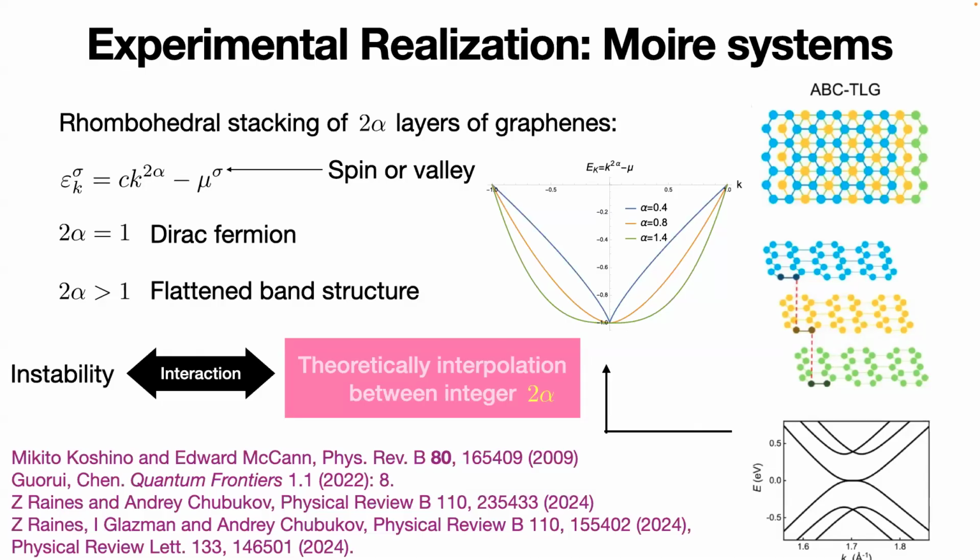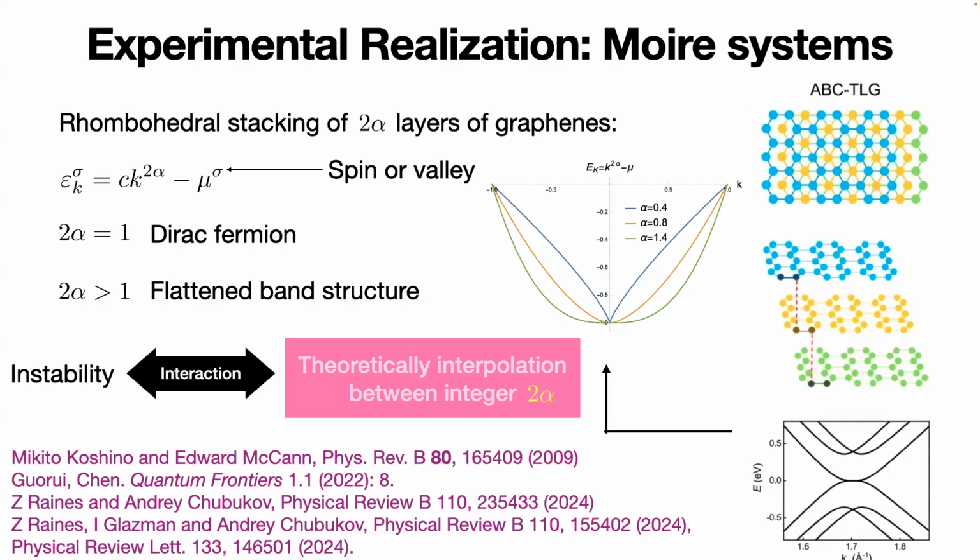When this exponent is equal to 1, we have a single layer and a linear spectrum. If we have more layers, the dispersion is largely flattened around k equal to 0. Of course, in reality we only have integer numbers of layers, so the band structure can only have integer powers here.